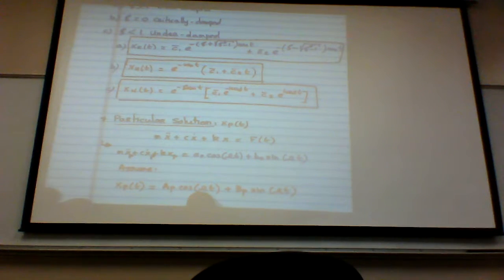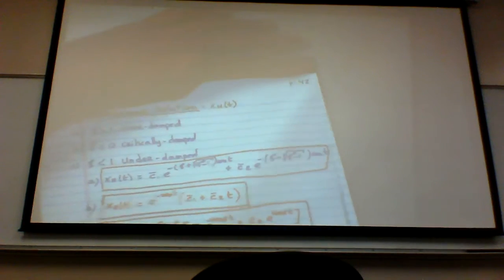This omega will be given to us because it's part of the forcing function. A sub naught and B sub naught will be given. The forcing function is known. What we need to find is the two constants, A sub p and B sub p. I think you have done this in differential equations, but it doesn't matter. We're still going to go into detail at least once, but no more than once.